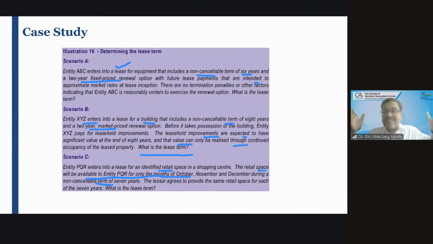So the term is 7 years, but this underlying asset is available for how many months every year? 3 months in every year, so 3 months each year for 7 years, 21 months. Have you seen this practically? Have you seen the Diwali Mela?